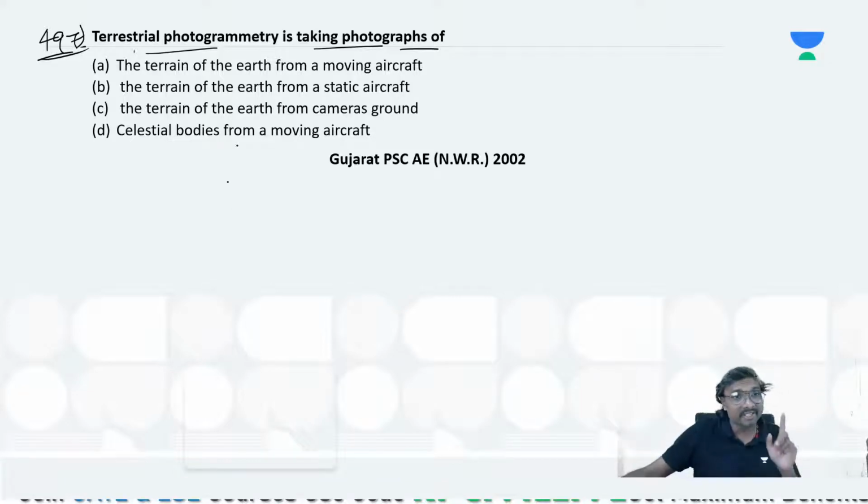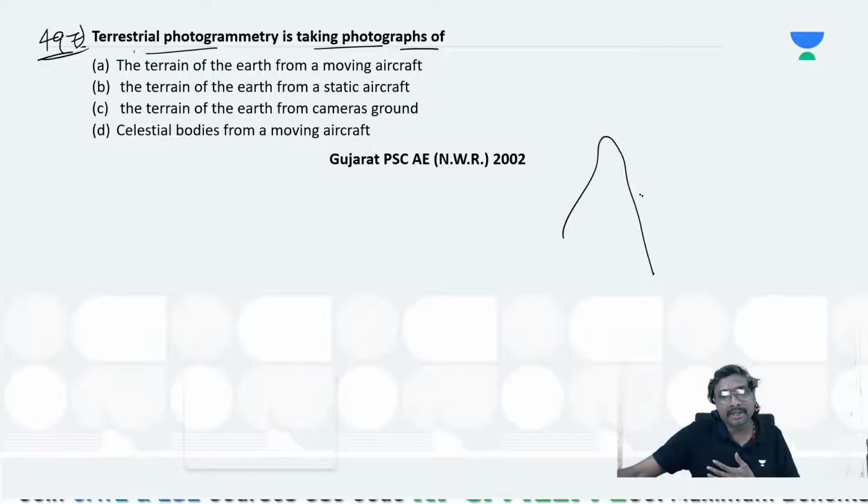Terrestrial photograph means, suppose you have some elevation and you fix your camera there and take the photos of the ground. Taking the photos from the ground itself is called terrestrial. Taking the photos from the air is called aerial photographs.